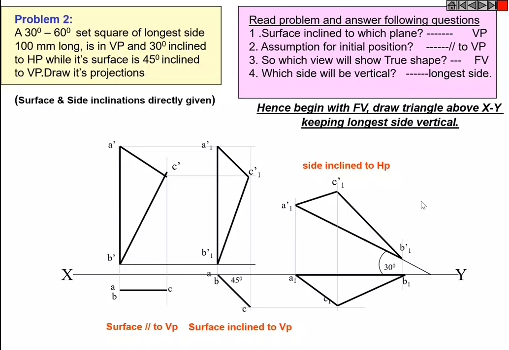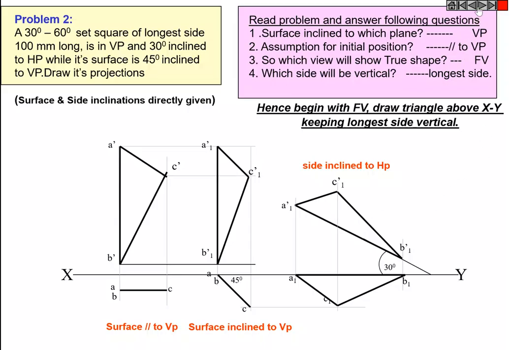The front view is still in true shape; it is only in the second position, when the surface lamina is inclined at 45 degree, that the set square gets reduced. Like this you go with the problem.